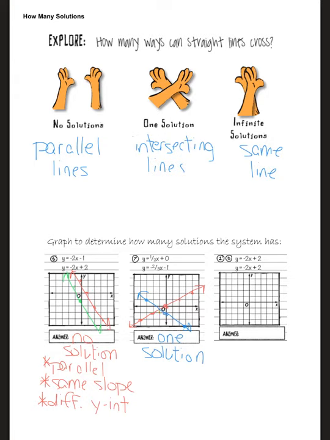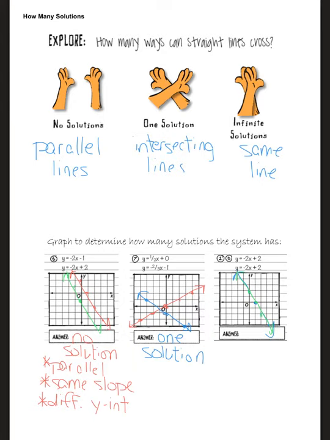All right, last one. We have y equals negative 2x plus 2. So my intercept is positive 2. My slope is negative 2 over 1. I'm going to graph that first line. And then the second line is what? The second line is y equals negative 2x plus 2. Start at positive 2 for my intercept. I do my slope of negative 2. And these are the exact same line. They intersect everywhere.